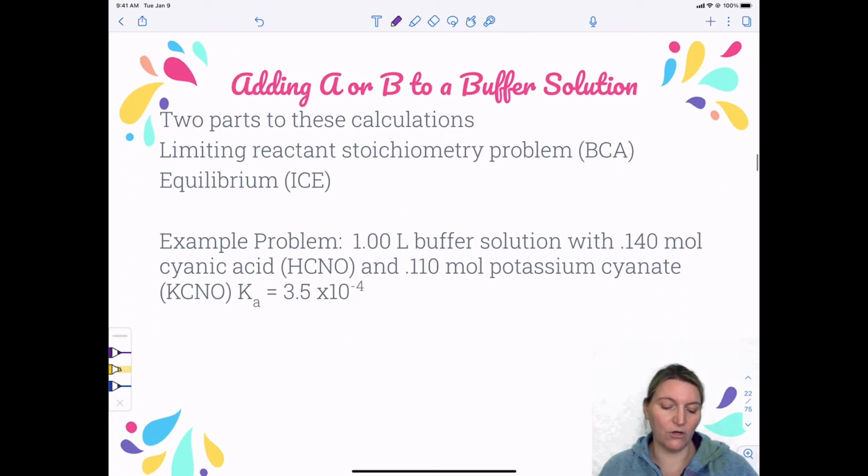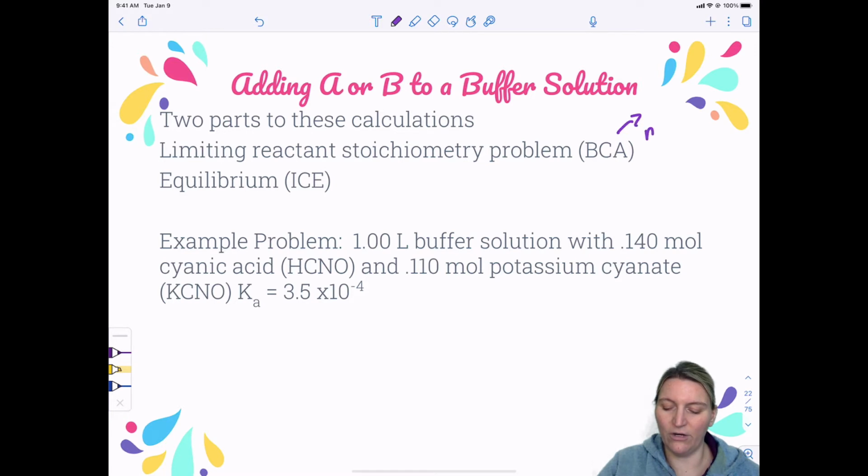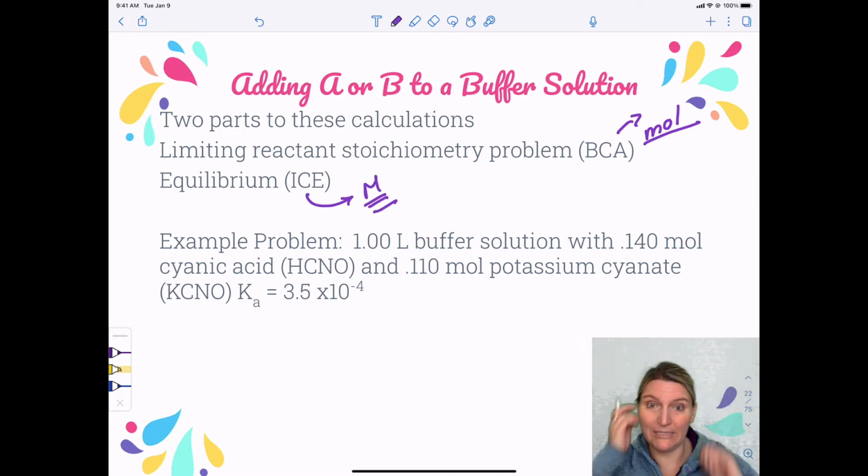So there's two parts to all these problems. There's a limiting reactant part, which we're going to do with a BCA chart, and a BCA chart is always done in terms of moles. And then we are going to do an equilibrium part that is always in terms of molarity. That's going to be a big deal.